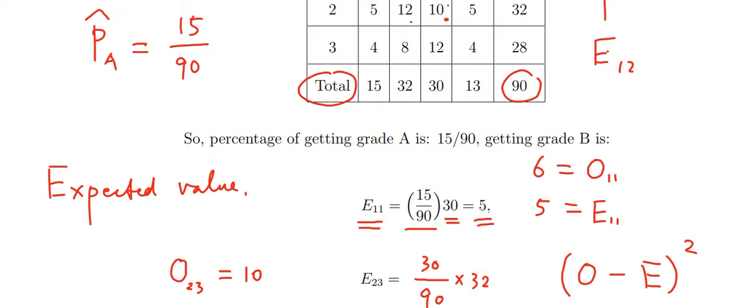So this number is E23. It's just some calculation: 30 over 90 times 32, which is about 10.7. So those are the expected values.